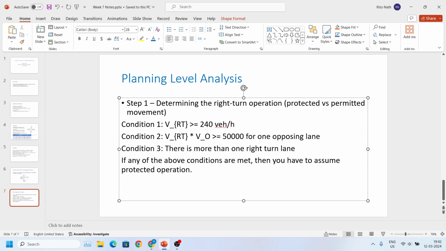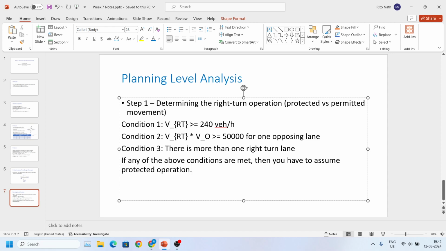Next is the solution. One problem data set was given where different flows are given, and based on the volume or the flow rate of the right turn, you have to make those checks for every approach, say eastbound, westbound, northbound or southbound.